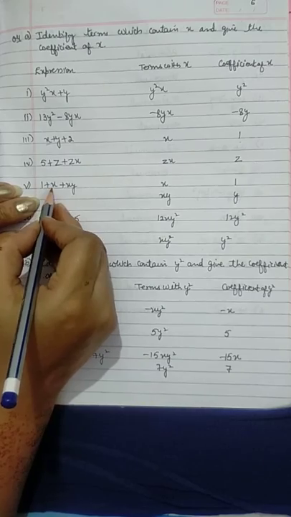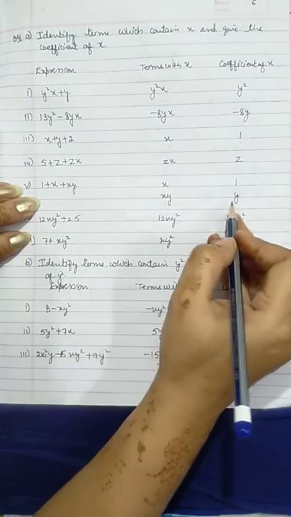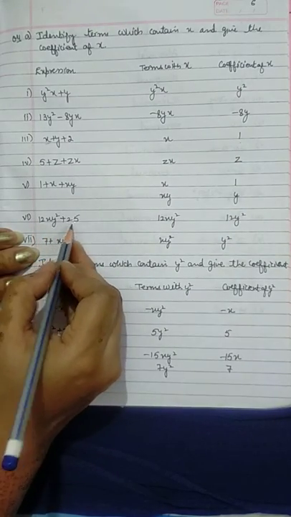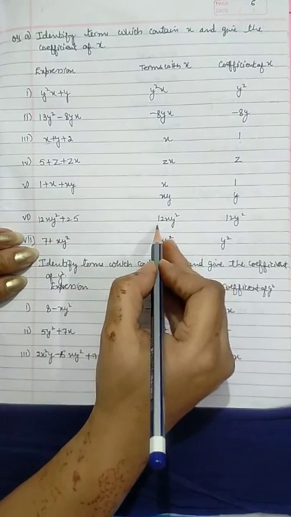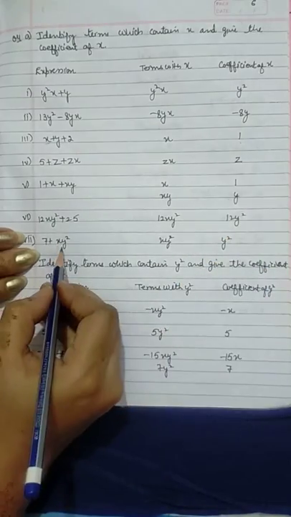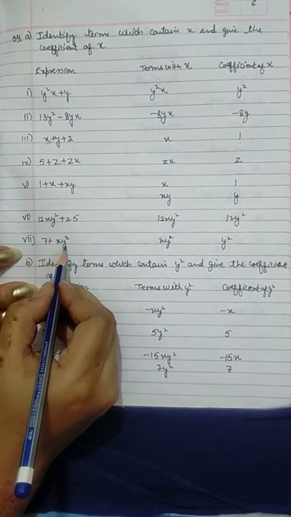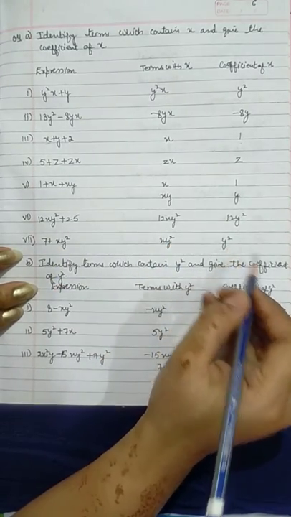I will consider x first, and its coefficient is 1, then xy and its coefficient is y. Then 12xy square plus 25: take 12xy square, and its coefficient is 12y square. Then 7 plus xy square: take xy square and write y square as its coefficient.